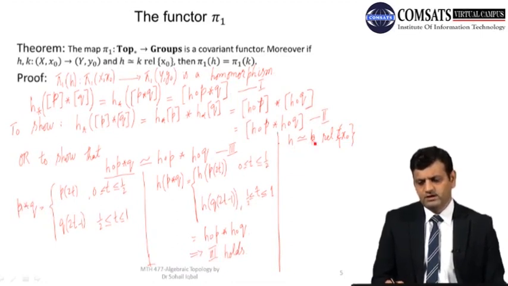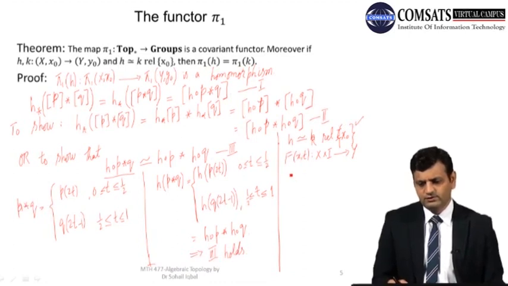So if h and k are homotopic, then there exists a homotopy, let's call it F(x, t), from X cross I to Y. And of course there are some conditions imposed by this relative with respect to x₀, such that F(x, 0) is h and F(x, 1) is k. Now we have to show that π₁ of h is equal to π₁ of k.